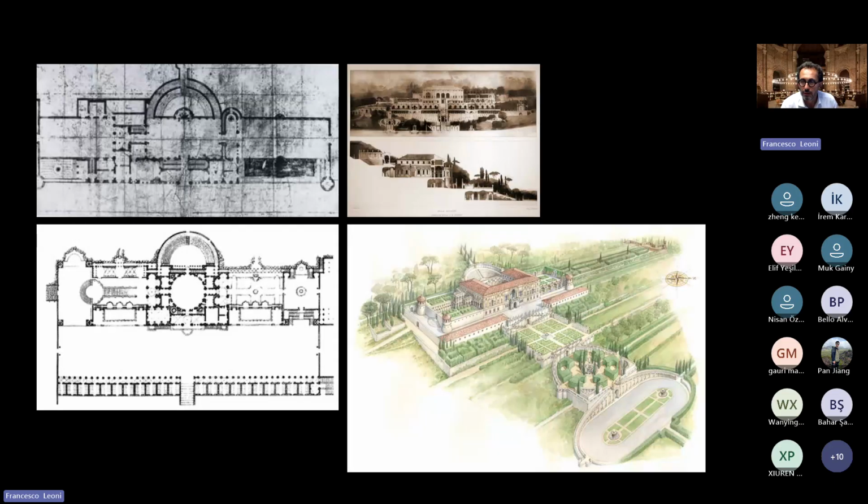Even Raffaello, designing Villa Madama, used exactly the same concept of relationship between the elements, circular elements, axes, boundaries, asymmetry, ponderal symmetry, the presence of the theater.